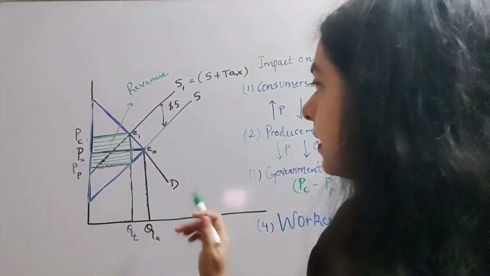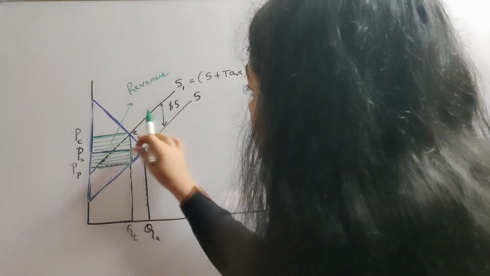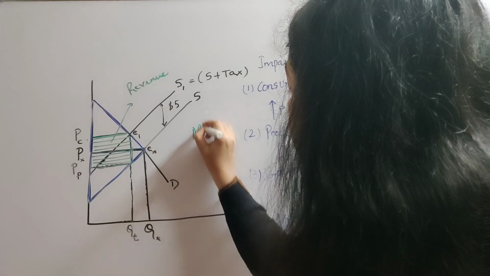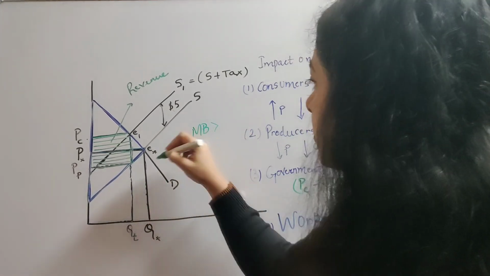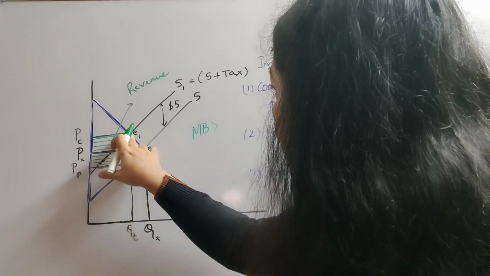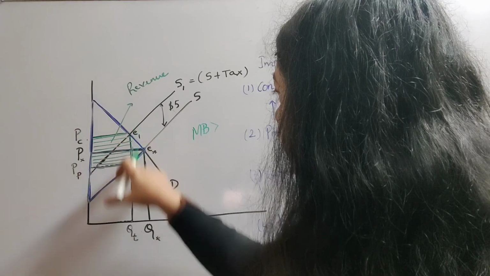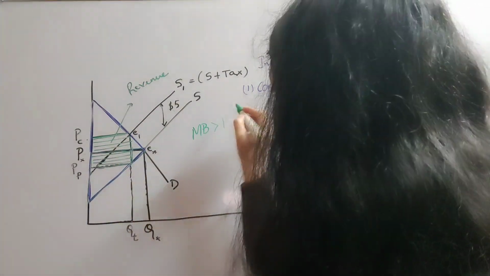So there is under allocation of resources, as we can see here, that in this case, the marginal benefit that the society is deriving from this good, from this demand curve, is greater than the marginal cost at this output.